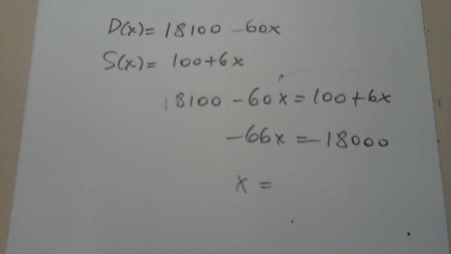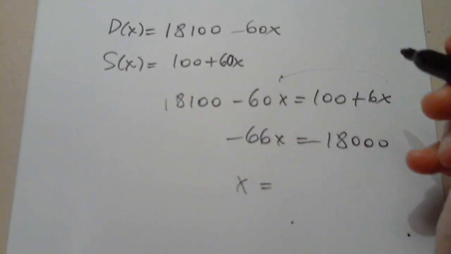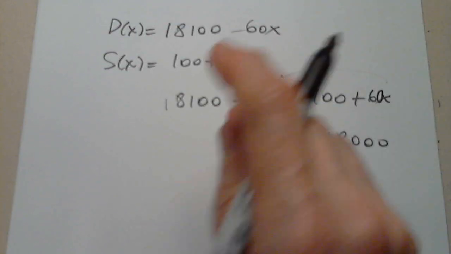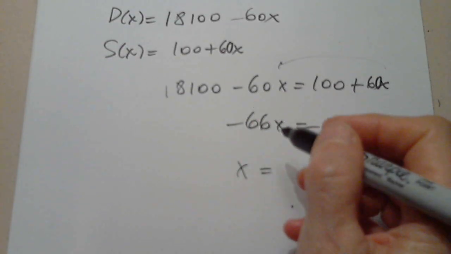Did I copy something incorrectly? Yes, I did. I copied 6x instead of 60. My apologies. So this is negative 120.